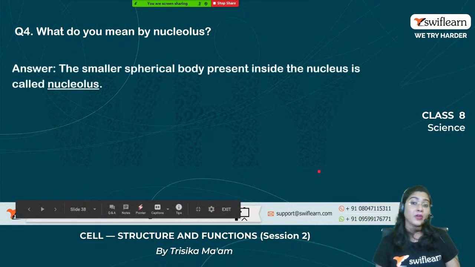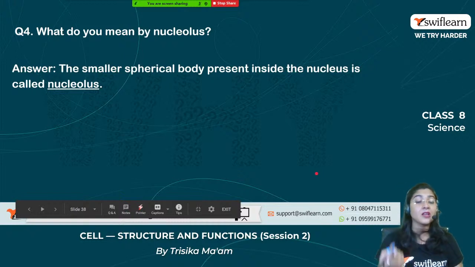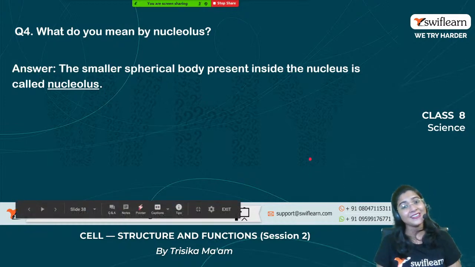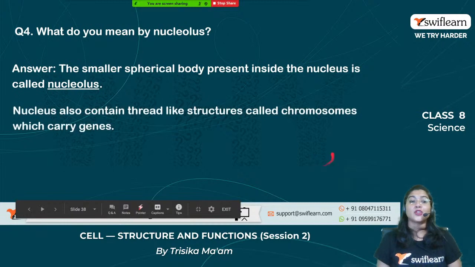It is the spherical body which is present within the nucleus, mainly in the eukaryotic cell. Clear? The nucleus also contains thread-like structures known as chromosomes, which carry the genetic materials in our body.